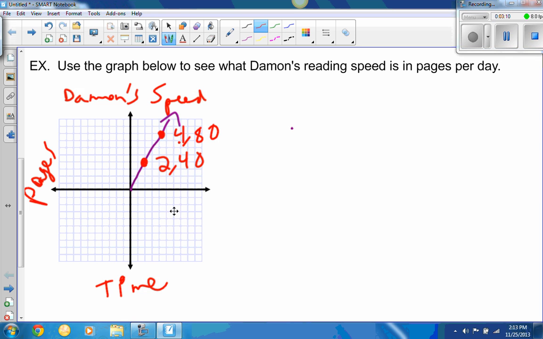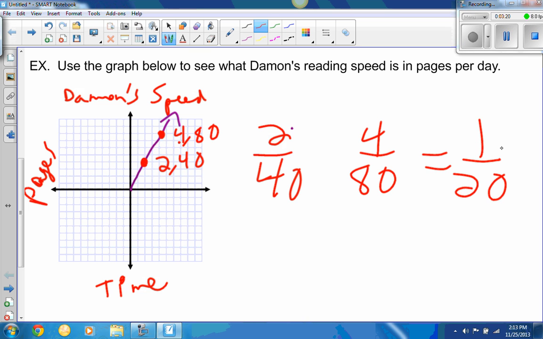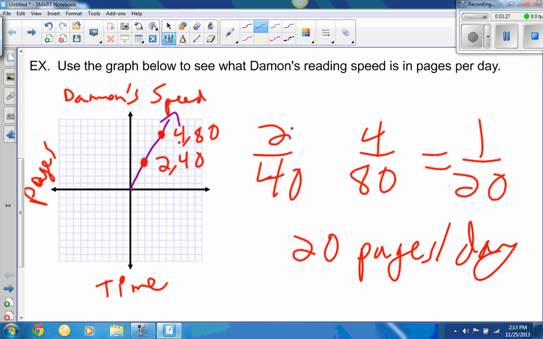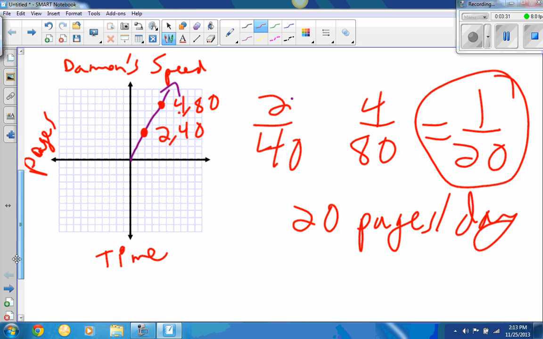So I need to break it down. Well, 2 to 40 and 4 to 80 both reduce to the same thing, which is 1 to 20. So what is that saying? That's saying that Damon reads 20 pages per day. So the constant of proportionality would be that. It has to be the same for both, right? Otherwise, they wouldn't both be on that line.